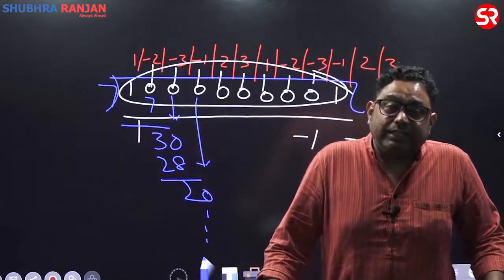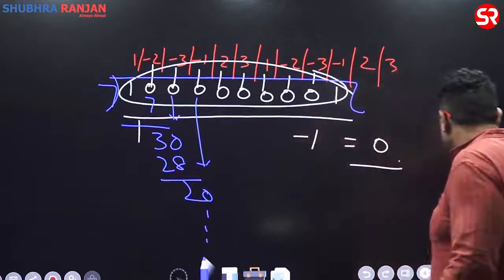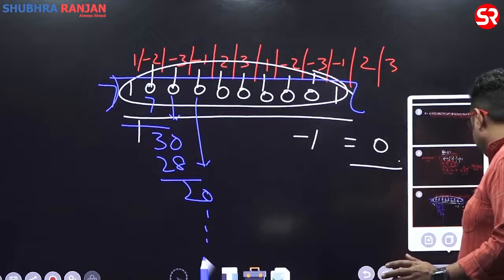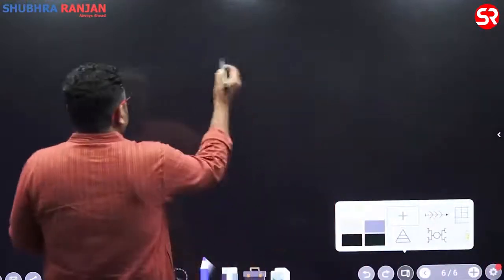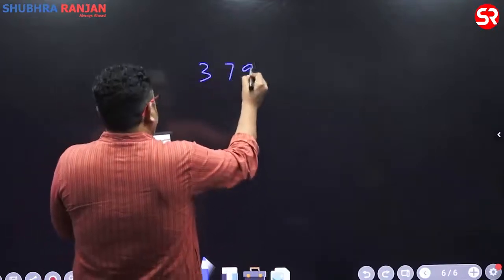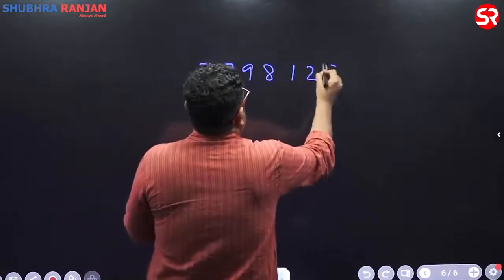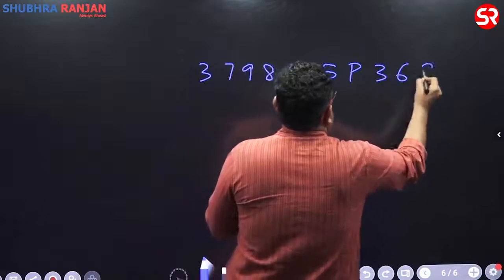So for example, this year, 2021, you realize that UPSC gave a question. Now please check this out. It's not my question. I'm not saying that I have created it. See this, right? The question was 3, 7, 9, 8, 1, 2, 5, P, 3, 6, 9.